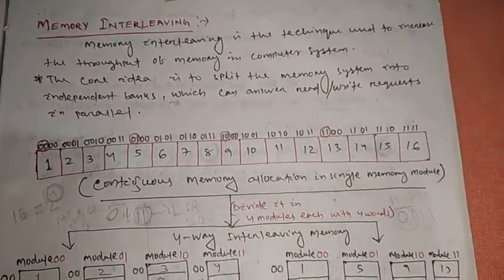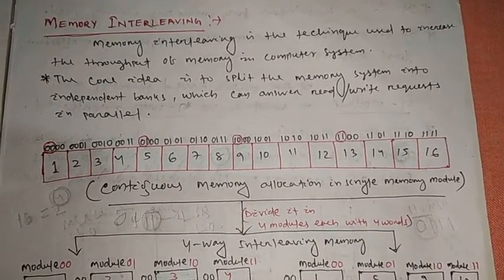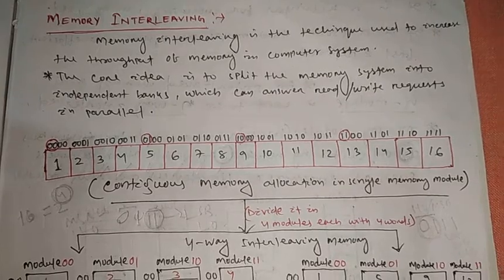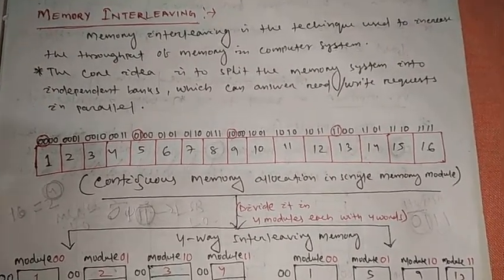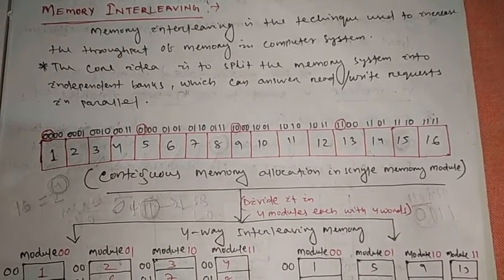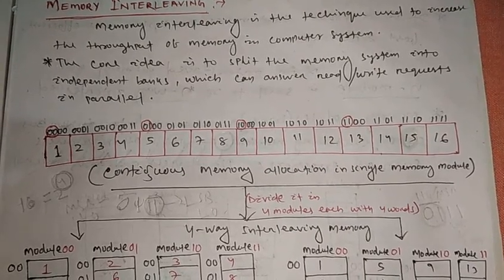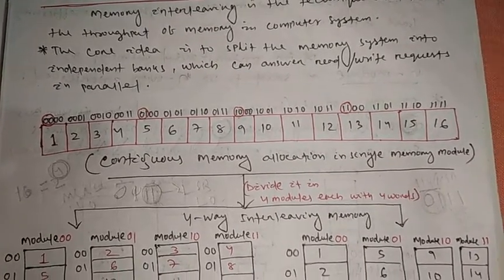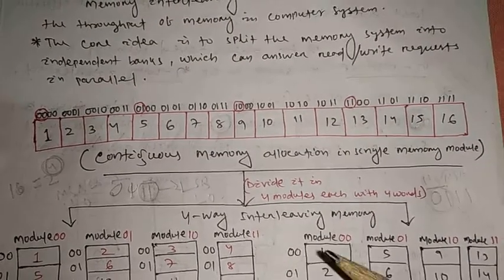So memory interleaving is a technique used to spread the computer memory into different modules in your computer system, and the main objective of memory interleaving is to increase the speed, reliability and execution of memory, and also we can access multiple words from memory simultaneously at a time.